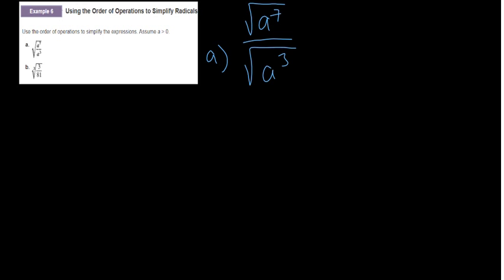Well, let's look at A. You may be tempted to write the square root of a to the 7th over the square root of a cubed. And you can do that, and you will get to the correct solution. You're just adding one or two extra steps. That's not terrible, right? But if you just recall that when you have a to the 7th divided by a cubed, that's just 7 minus 3, so it's a to the 4th.